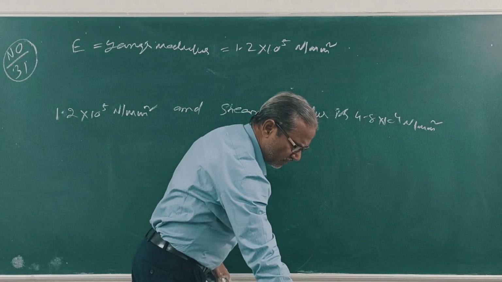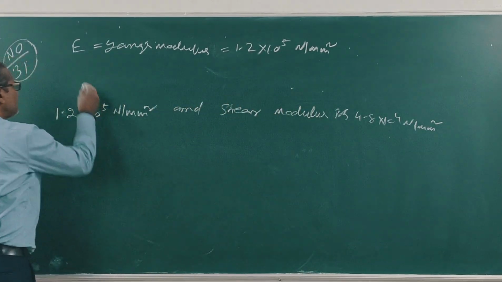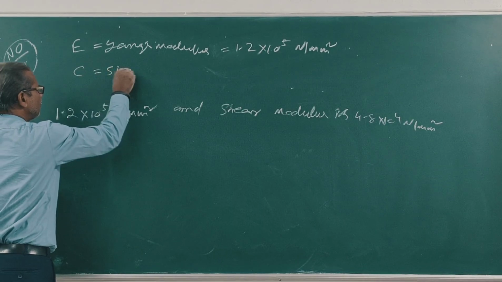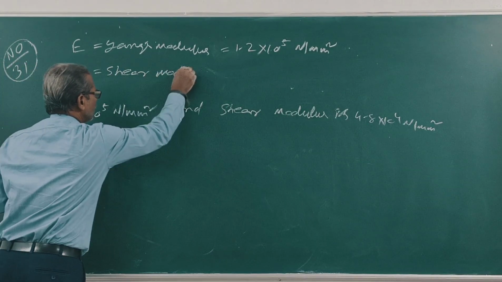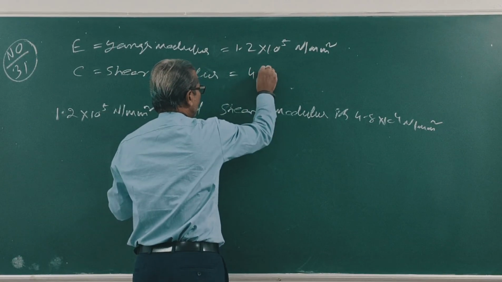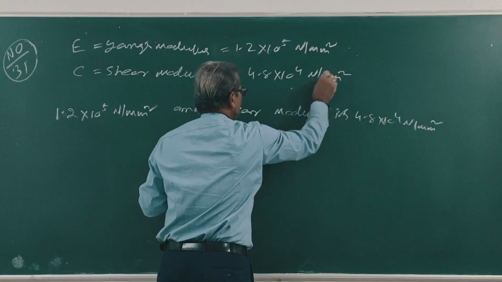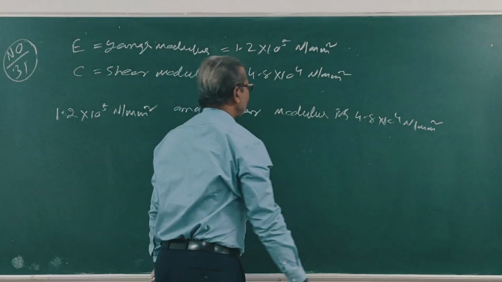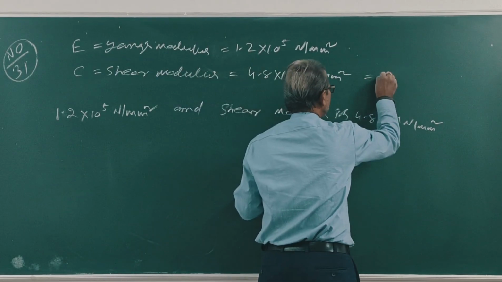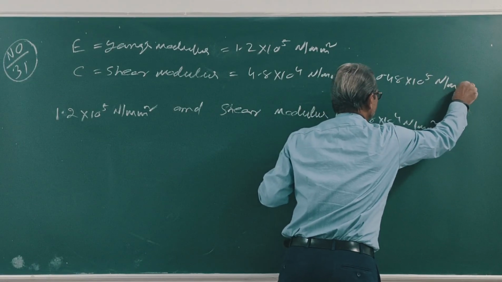Then shear modulus C is equal to 4.8 into 10 to the 4 Newton per mm square. So make this 10 to the 5. This is equal to 0.48 into 10 to the 5. Clear?